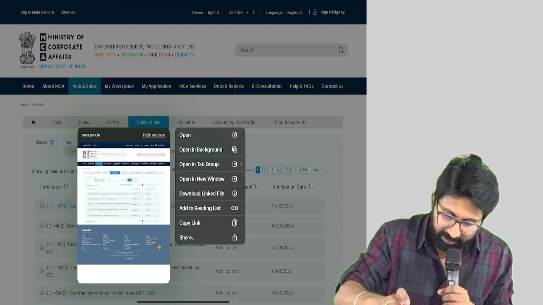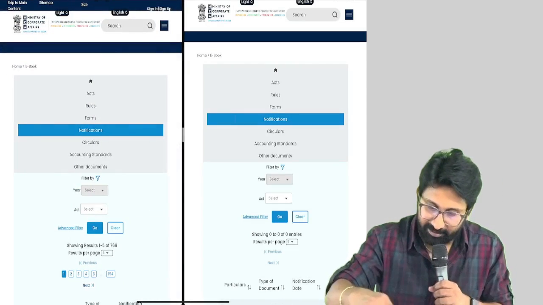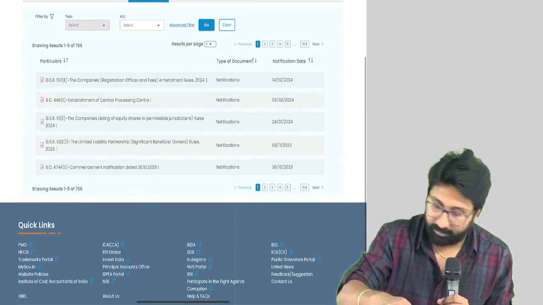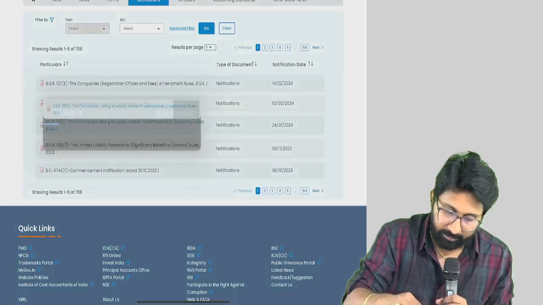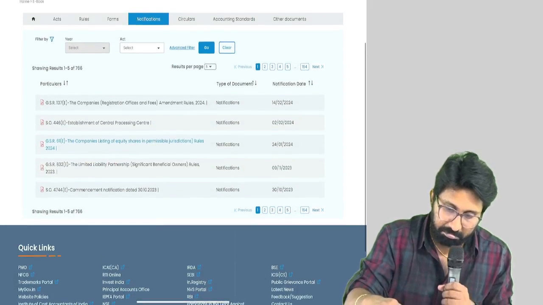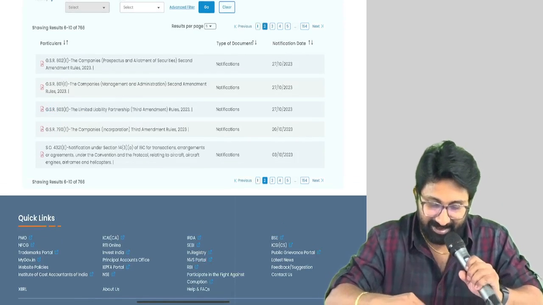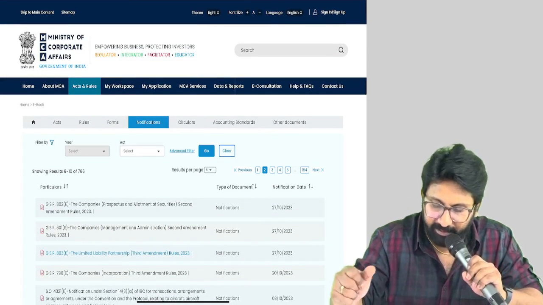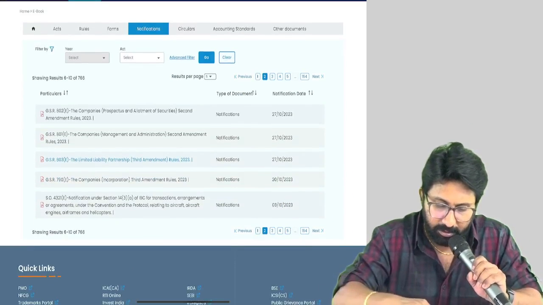If it opens when we click, why does it become the MCA website? Website not working. Just wait a minute. If it doesn't work, I will show you in tomorrow's class. At least I will explain. If it opens, well and good.